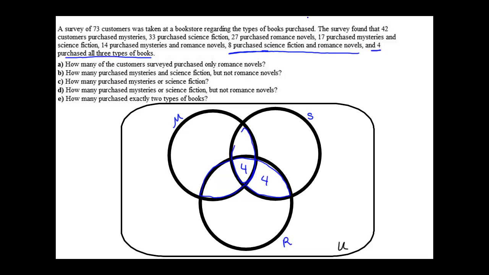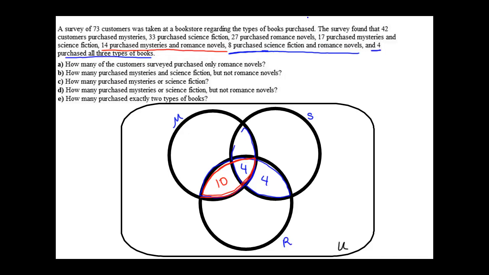And then let's go to 14 purchased mysteries and romance novels. That would be this section of the Venn diagram. It needs to contain 14 total. We've already accounted for 4, so this piece would have 10 remaining.